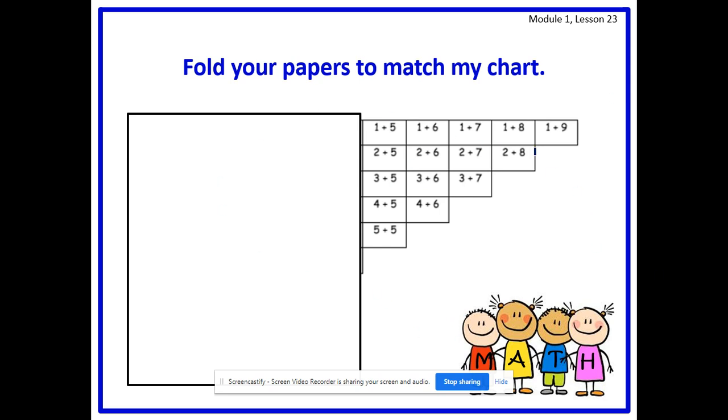We only need this part of the chart. Fold it so that you only see this part, or you can cover the rest with a white paper like I did. Press pause if you need more time. If not, let's get ready to continue.